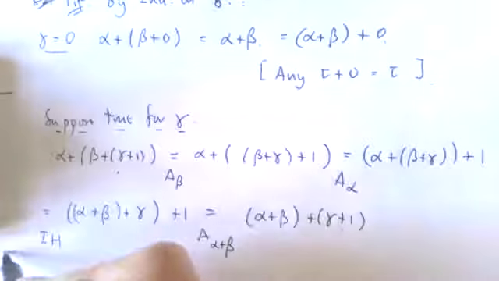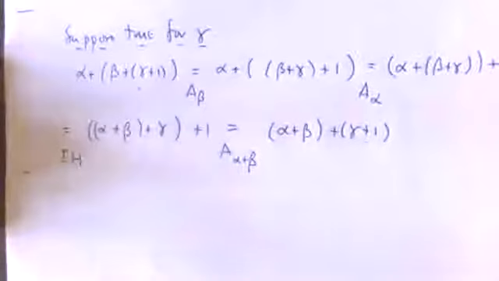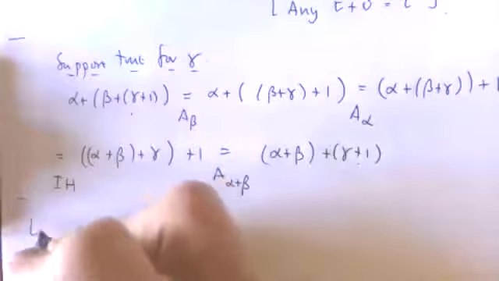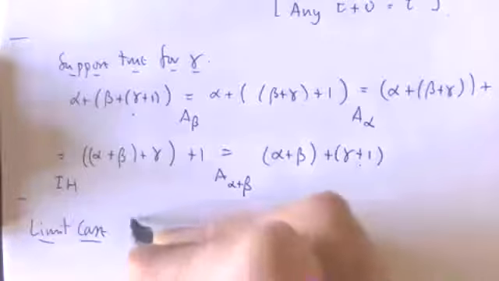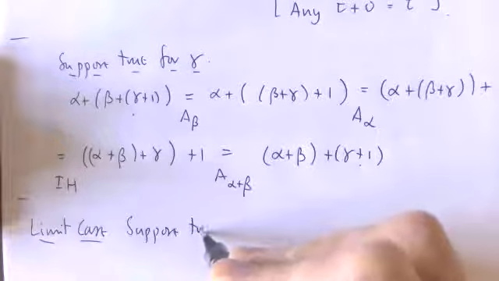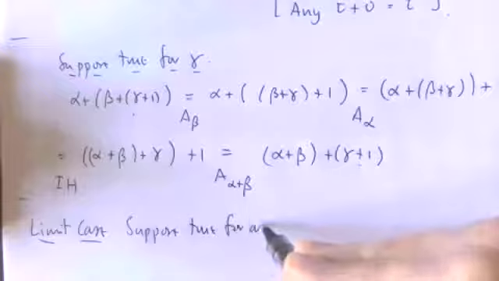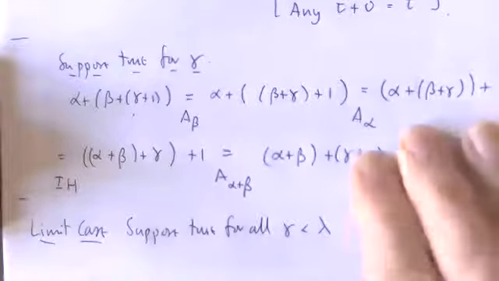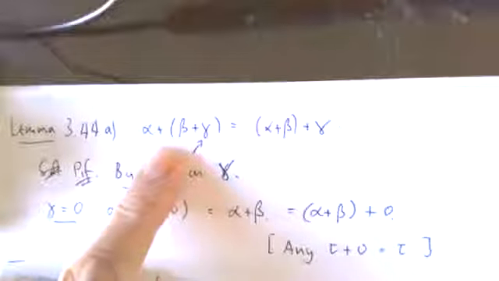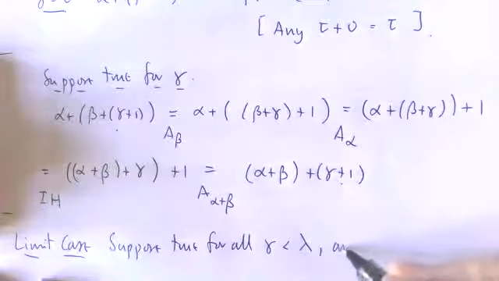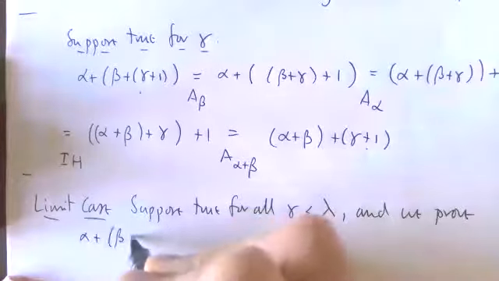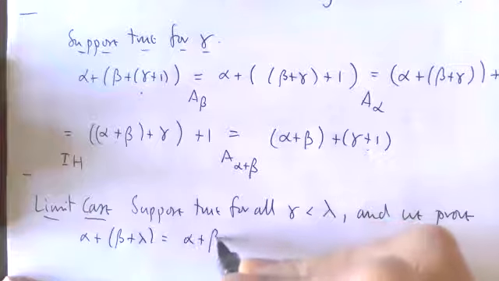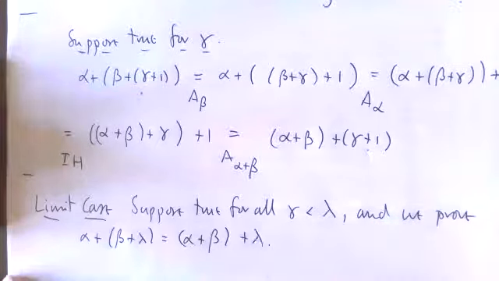So we do 0, we do the successor, and now we do the limit down here. So this is the novelty for ordinals. Suppose true for gamma less than lambda, but I know this. I want it now for lambda itself. Now I'm just restating what we want.